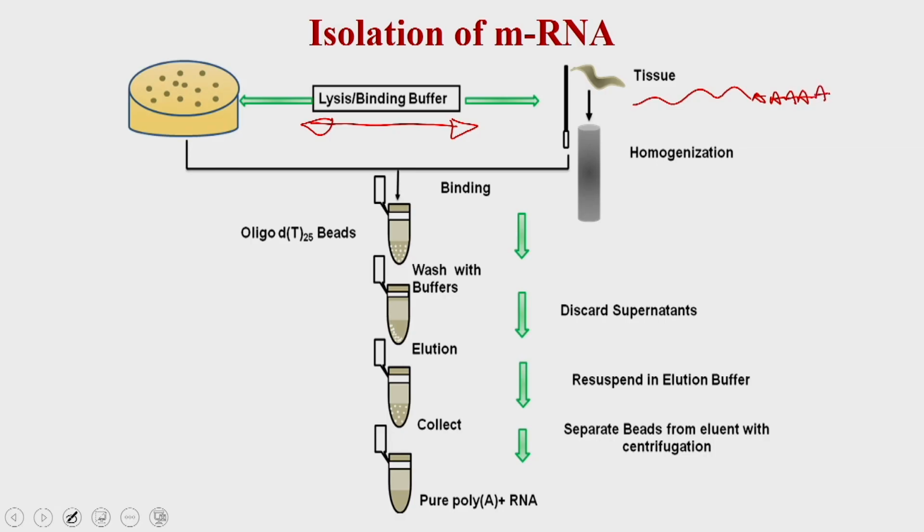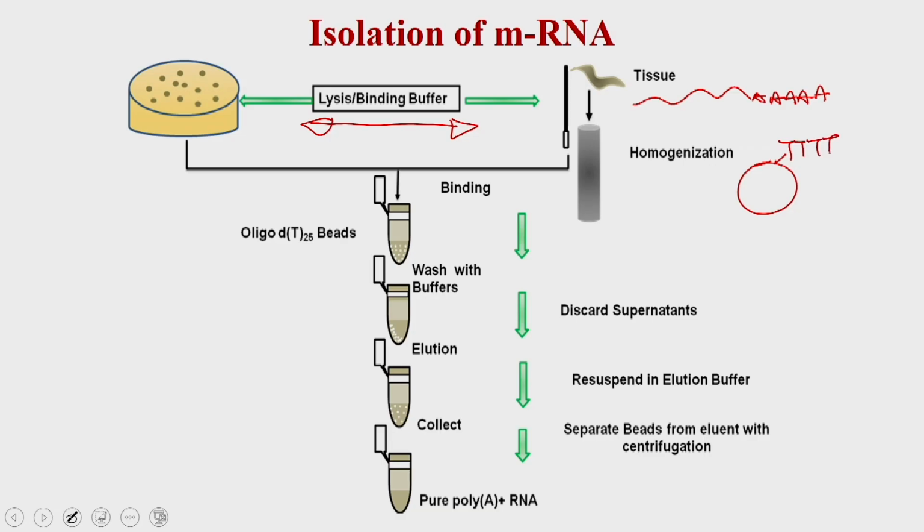Then you take the agarose beads, and these beads are going to have a poly T sequence.